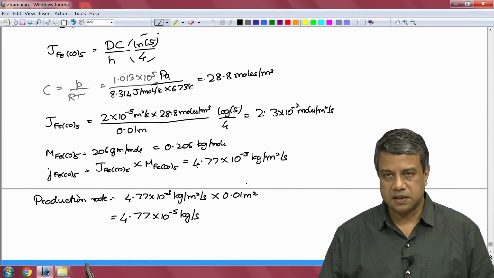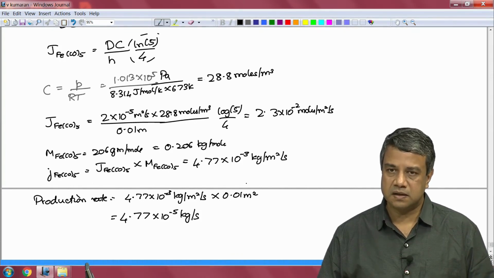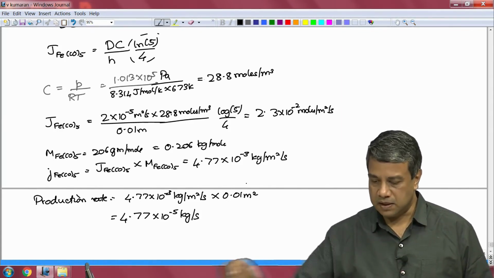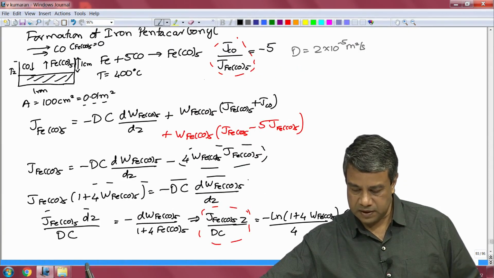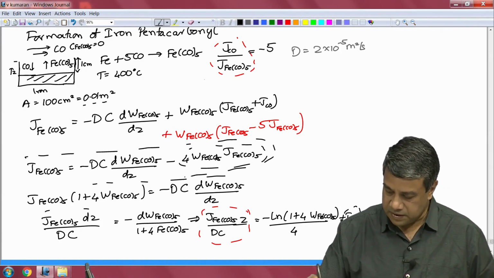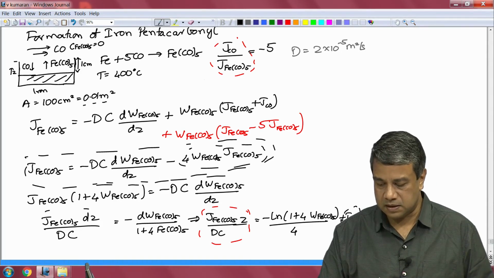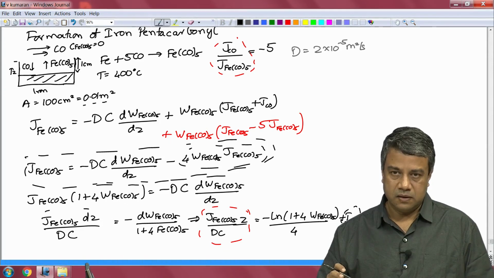So, these are two examples that I did of binary diffusion, where the relationship between the flux and the concentration gradient or the mole fraction gradient is in general nonlinear. You have the equation of this form, which contains the first derivative of the mole fraction in the z direction as well as the mole fraction itself due to the mean flow.